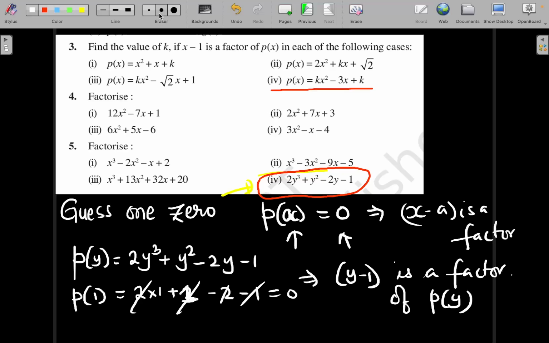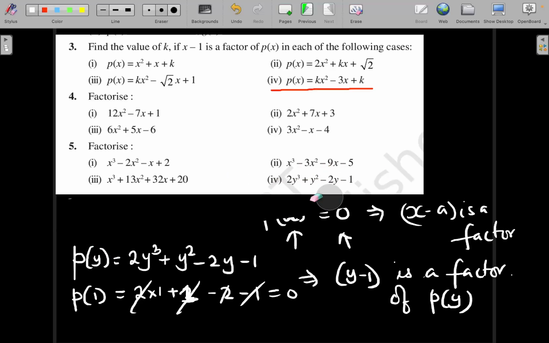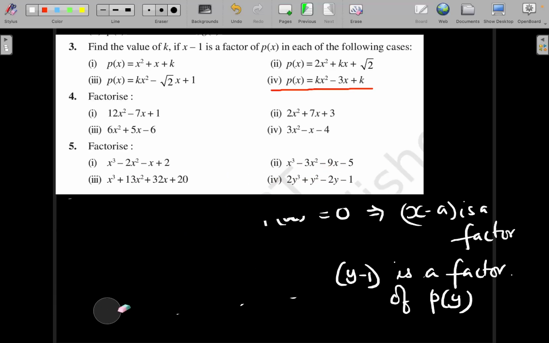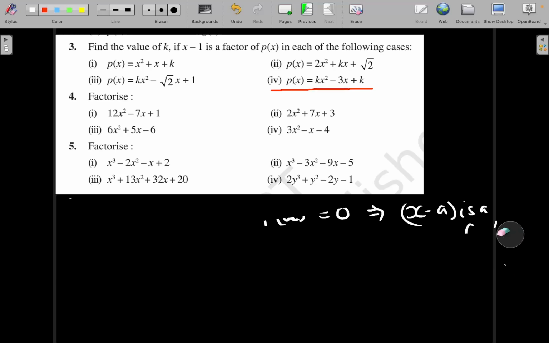Now what do we do? The next step is also very important. I have to divide this by y minus 1 to get the other factor. So please try to understand what I am doing.